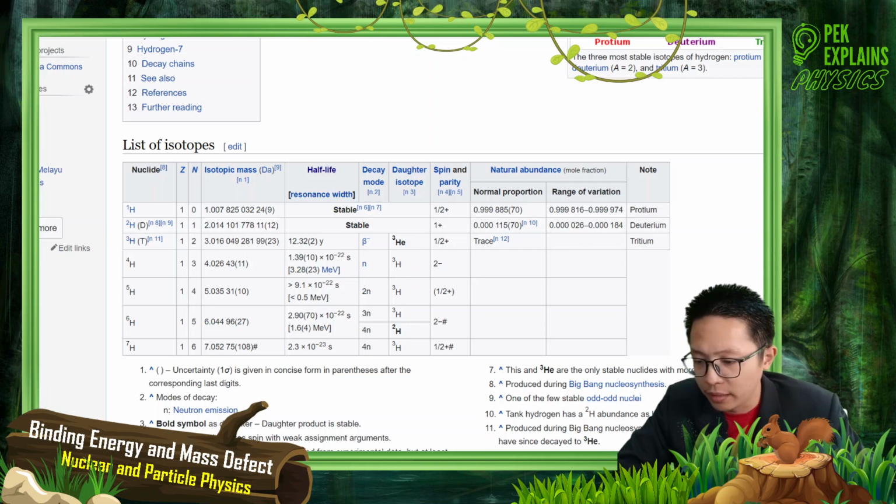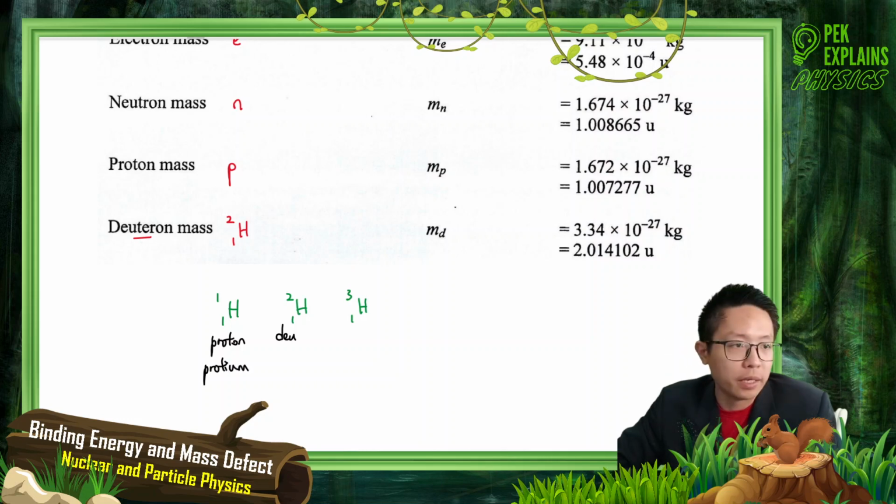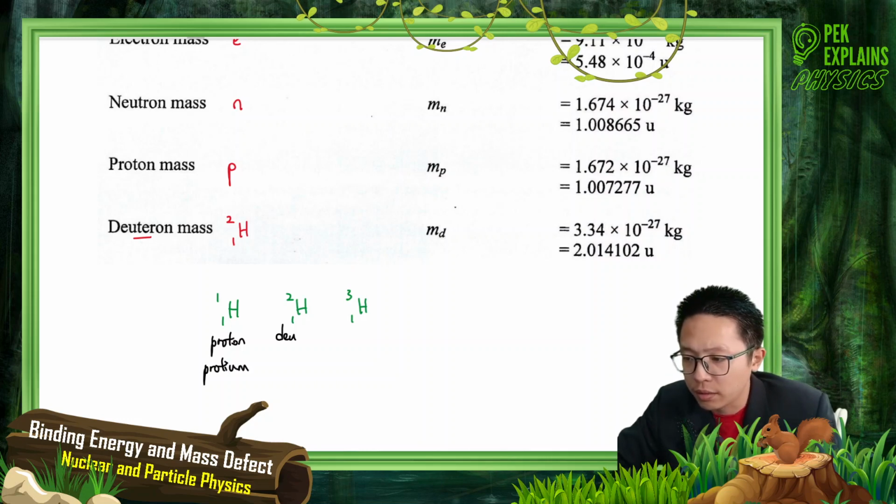Let's look back. This one has 2 names: it can be called proton or protium. This one can be called deuteron, or deuterium.